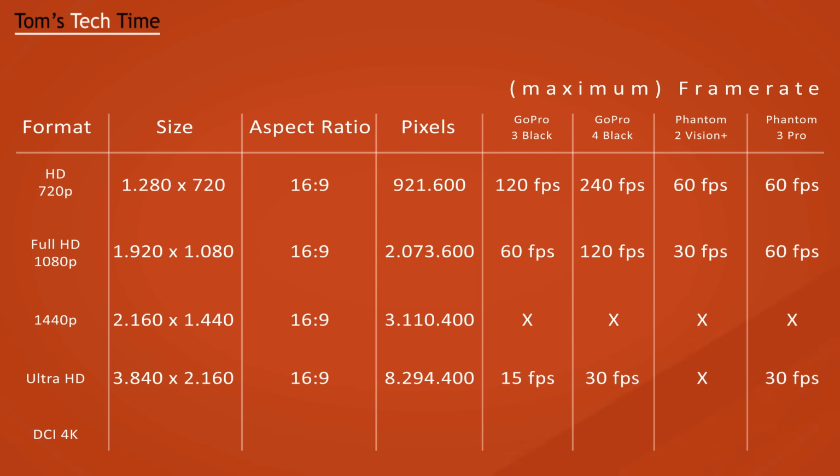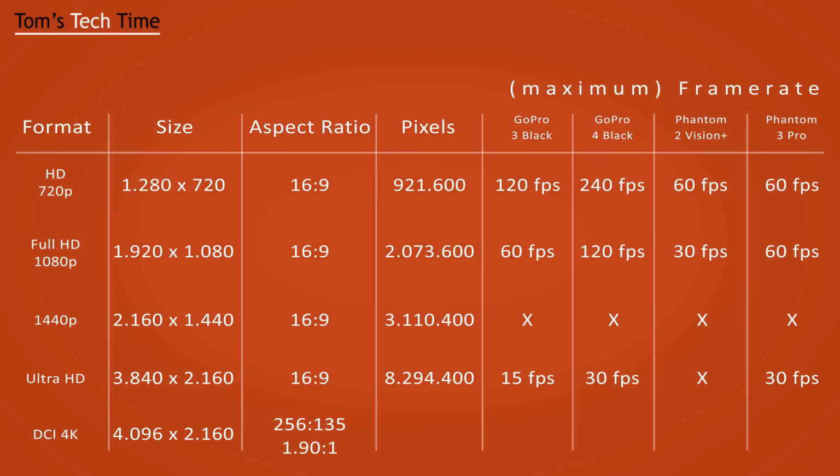DCI 4K is the ultimate format that is available for consumers today, even though the industry can record film in even higher resolutions. The size of a DCI 4K image is 4096 x 2160, and it has a very weird aspect ratio that doesn't fit normal 16:9 screens, and this aspect ratio is 256 to 135, which they cut down and call 1.90:1.